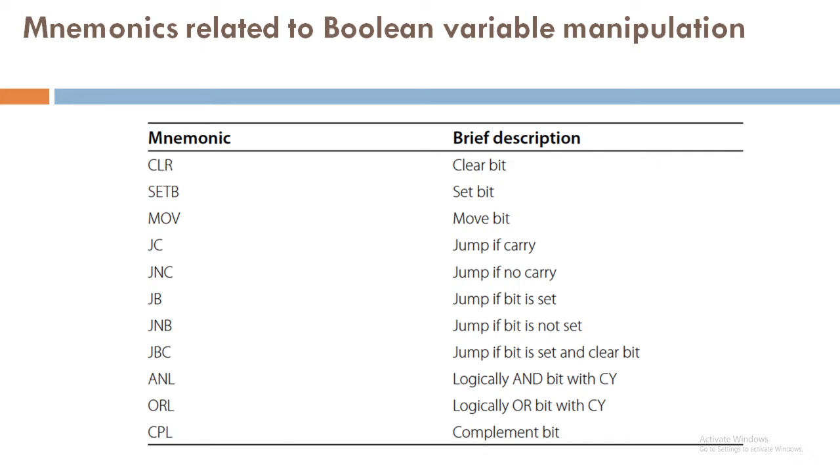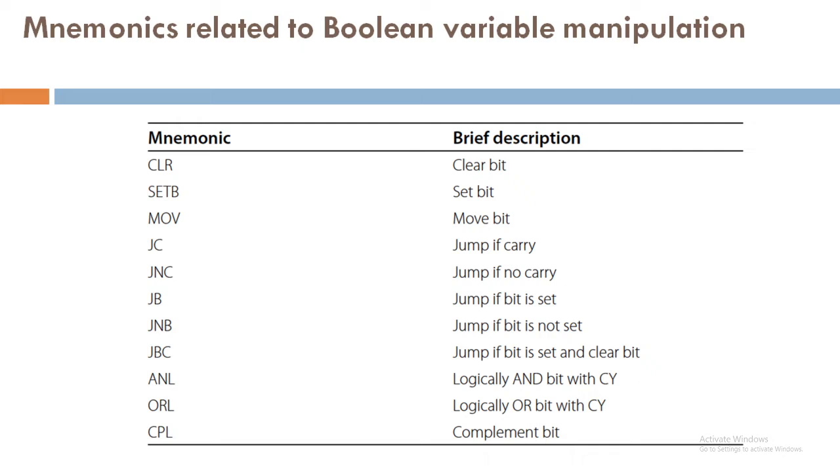We have CLR, which is used for clearing the bit. Then we have SETB, for setting the bit. Now we have MOV, a category of move instruction which is used to move the bit. Then we have JC, jump if carry. The jump instruction will be executed if there is a carry in the PSW, and JNC, jump if not carry.